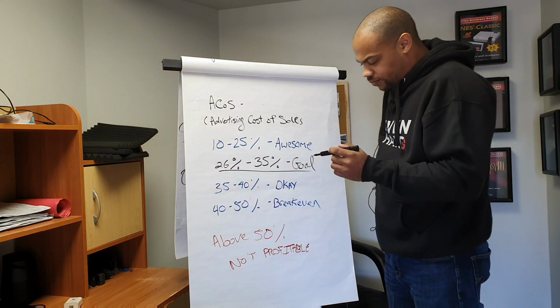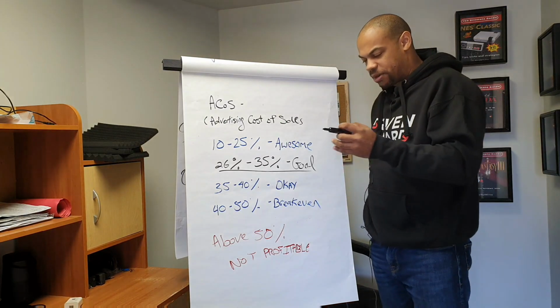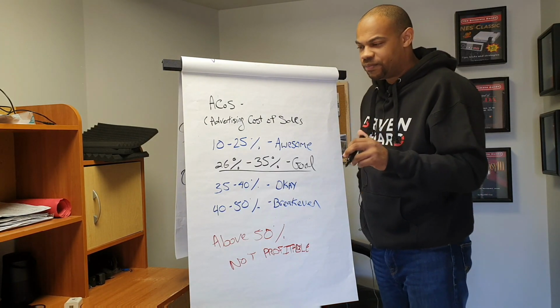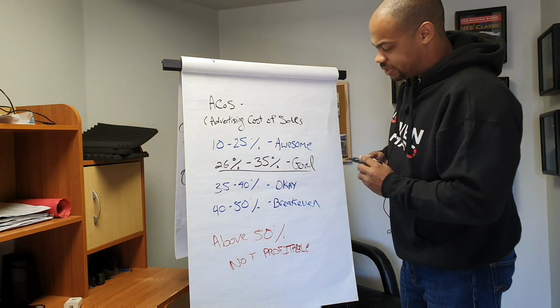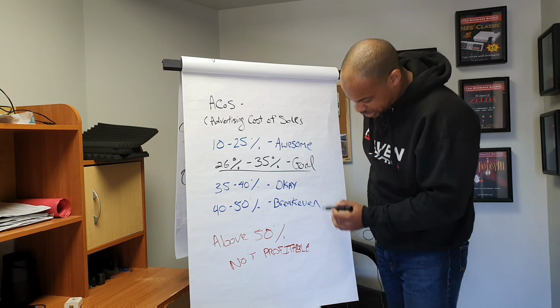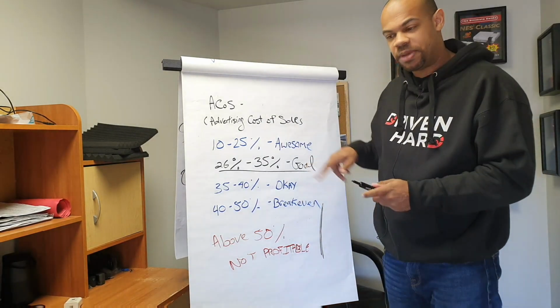And if you're over 50%, your front end ads are not profitable. Now, keep in mind, there's a very important caveat. Especially down here, these two, this is where you want to be to make money on the front end.